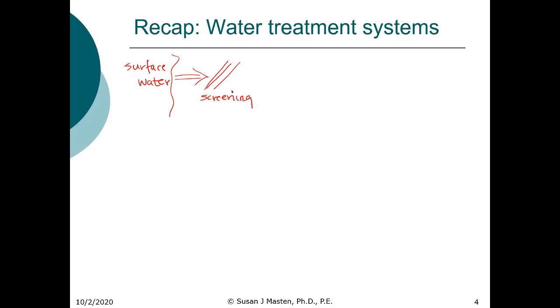We may then have a finer screen, but it's some sort of screening, exactly, to remove the big stuff, to remove the twigs, to keep the fish out of the pump and pipes. We may also treat with some chemicals to prevent zebra mussels from attaching to the piping system. We may also pre-disinfect, but screening is essentially always done.